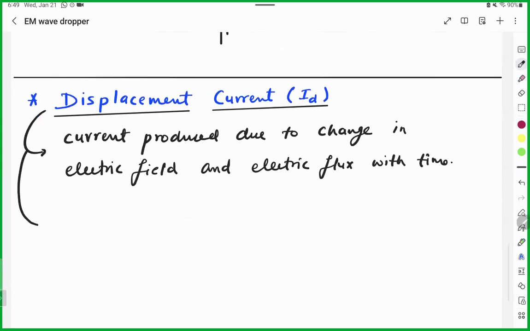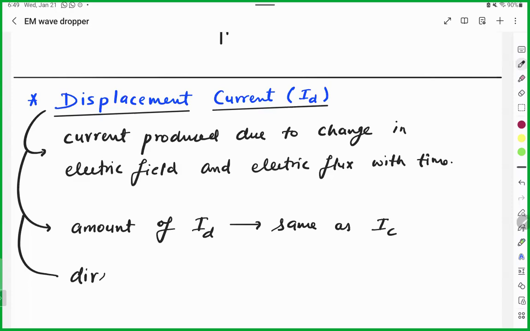So if we see this displacement current, then we can easily say the amount of conduction current will be the same as displacement current, and the direction will also be the same as conduction current.